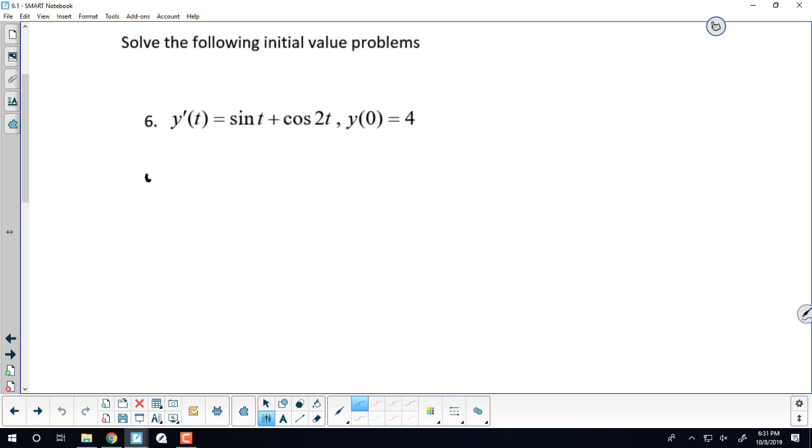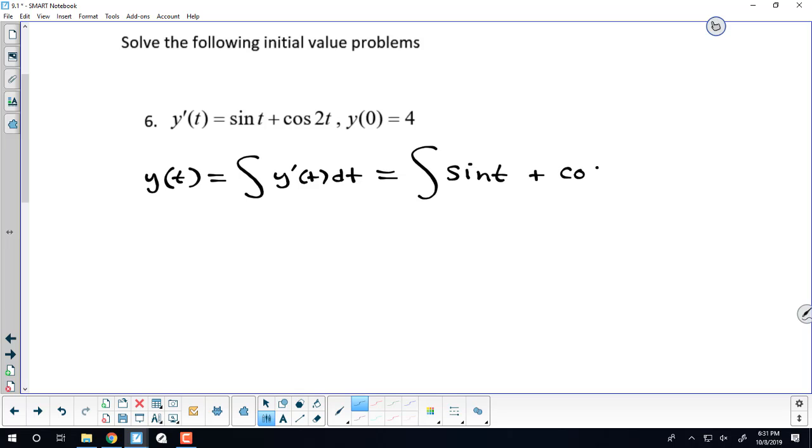So we're going to say that y of t is the antiderivative of y prime. And so the antiderivative of sine t plus cosine of 2t with respect to t will give us a constant, and then we'll use our initial condition.